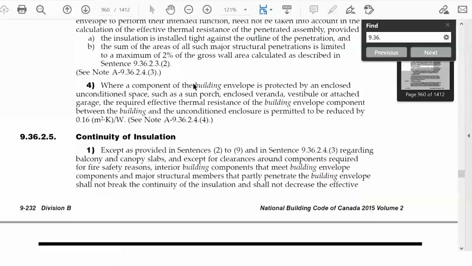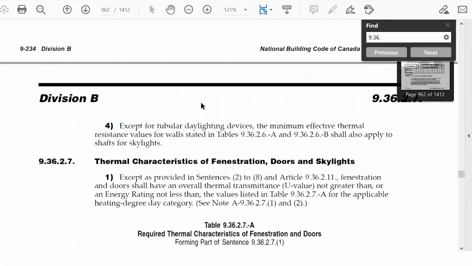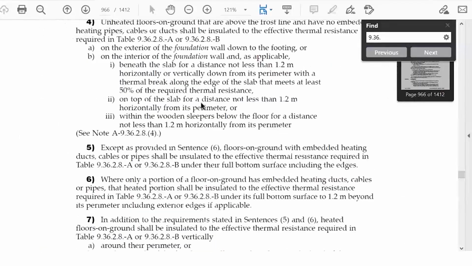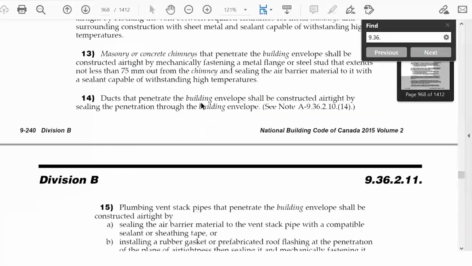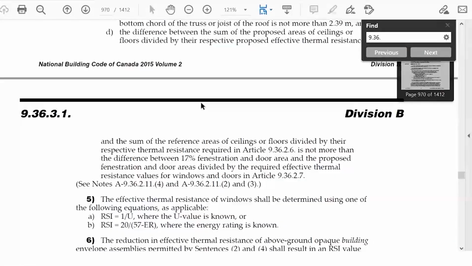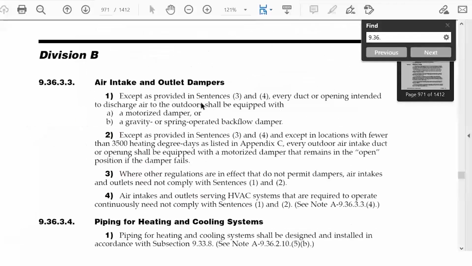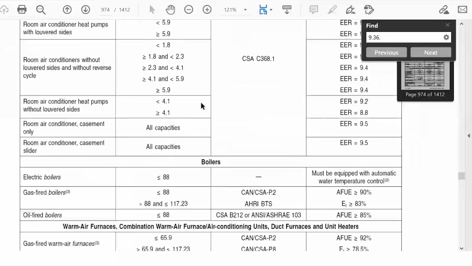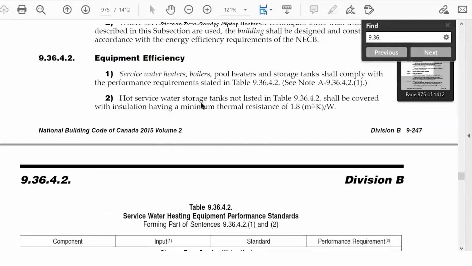So building envelope, and then after building envelope, we have 936.3, HVAC requirements. And after HVAC requirements, we have service water heating systems.